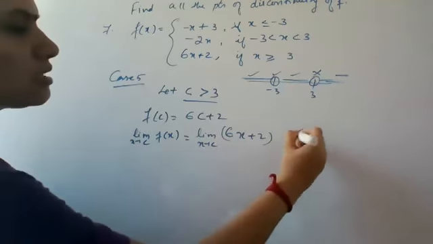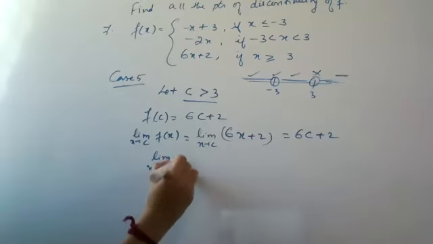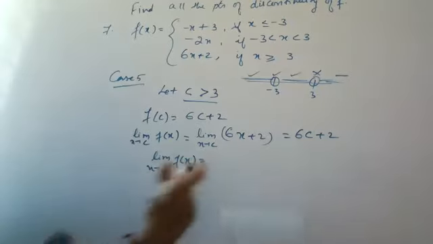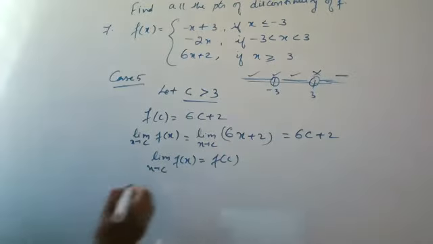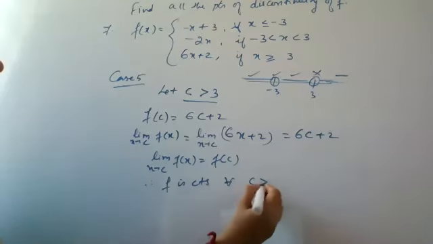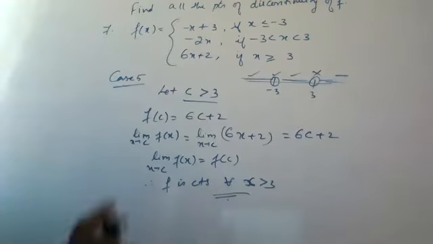Replace your x with c, so you'll get 6c plus 2. Hence your limit x tends to c, f of x is the same as f of c. Therefore, f is continuous for all those values which are greater than 3. Either you can write c or x.